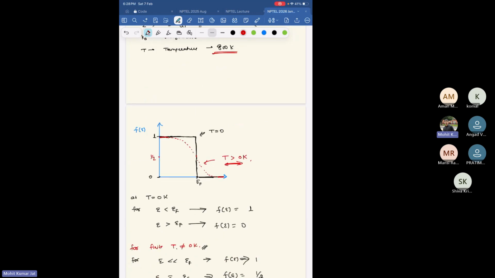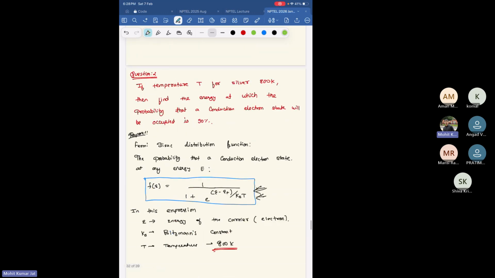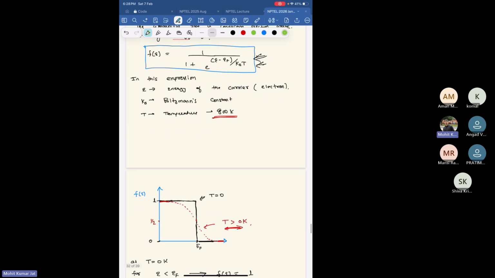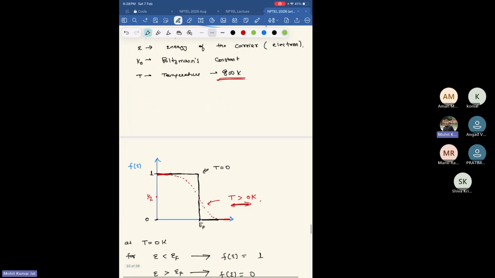And what the question is asking, sharply, is: at what energy is the probability that a conduction electron state will be occupied 90%? 90% is nothing but 0.9, right? Somewhere here will be 0.9.